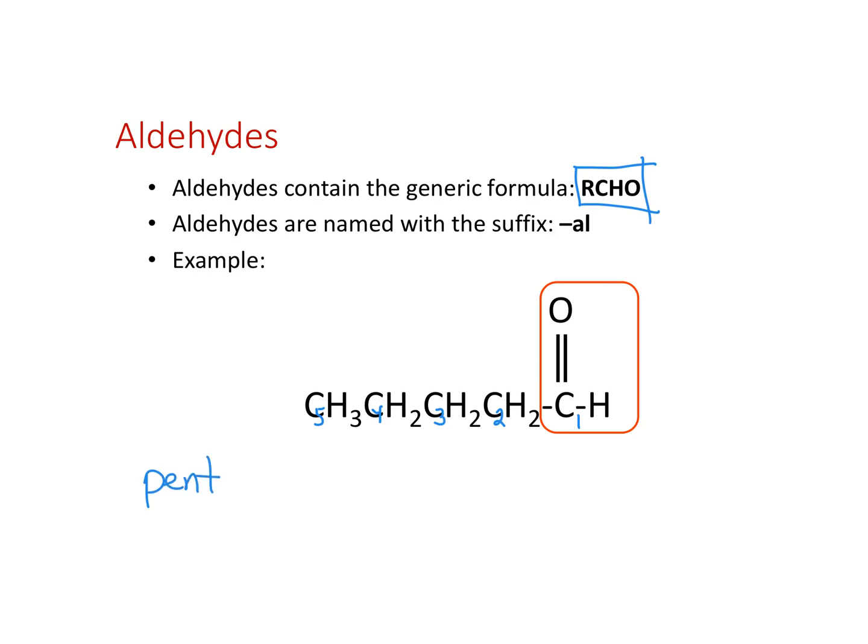So 5-carbon chain, that would be pentane. I'm going to drop that E ending, and I have to add -al to that to indicate I have an aldehyde present. So putting that back together, the name for this would be pentanal. A 5-carbon chain that has an aldehyde present.